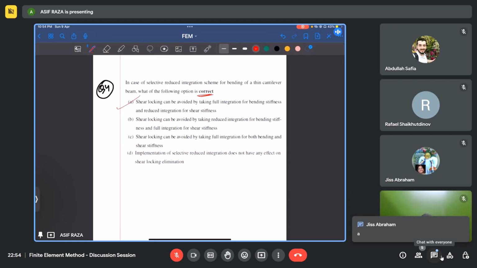So the answer is option A. As you have already studied, on taking full integration for bending stiffness, shear locking is already avoided. We need to take care of shear stiffness, and to take care of that, we use a reduced integration scheme. Okay.